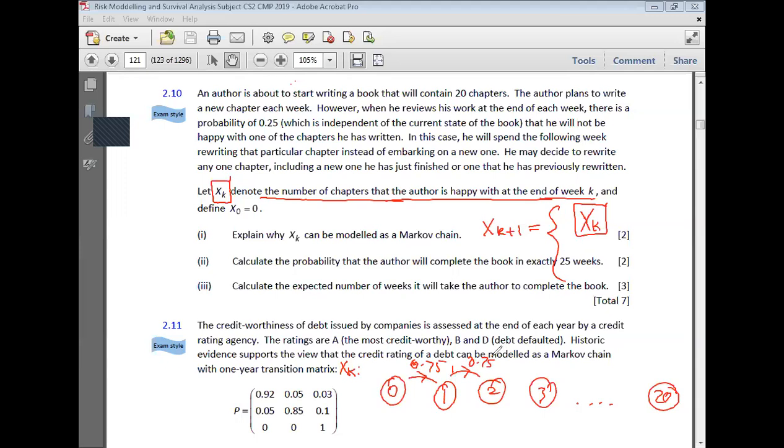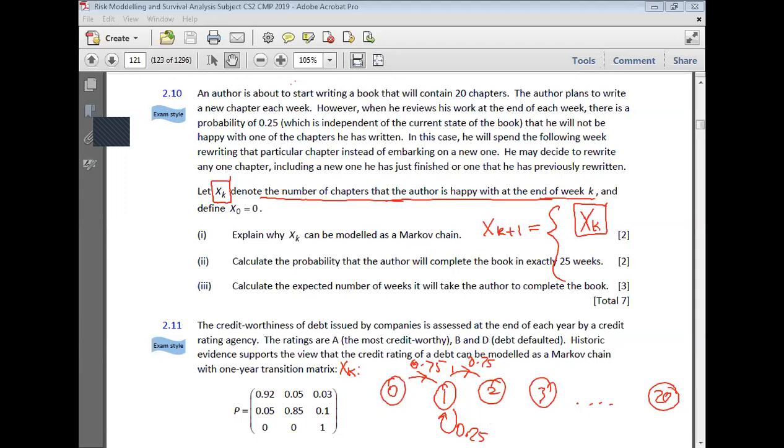Okay. Yeah, but now let's say if I give you 1 to 1, what is the chance of 1 to 1? 0.25. Right? 1 to 1 is just going to be 0.25. Yeah, because he cannot go all the way back. He'll just review the chapter at that point of time.